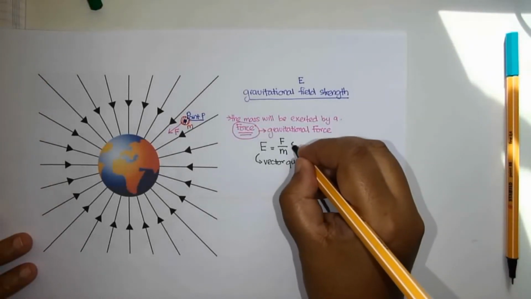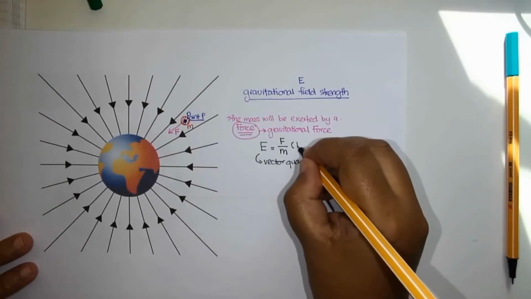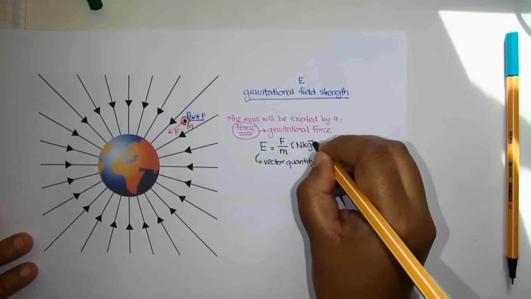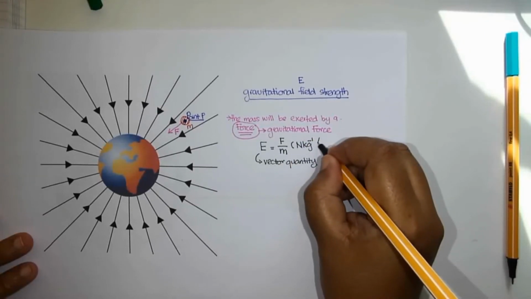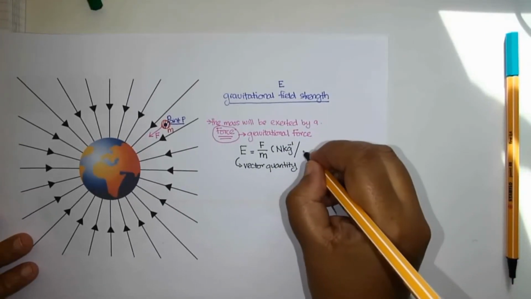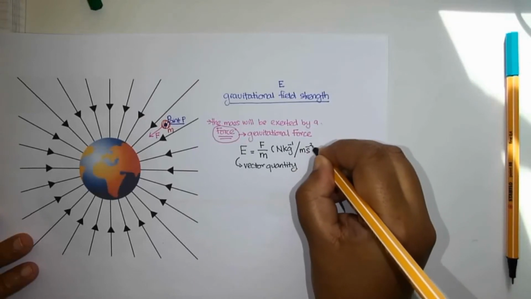The unit for gravitational field strength can be newton per kg, taken from the formula, or we can say m s^-2.